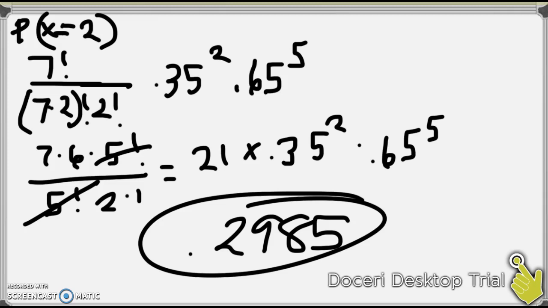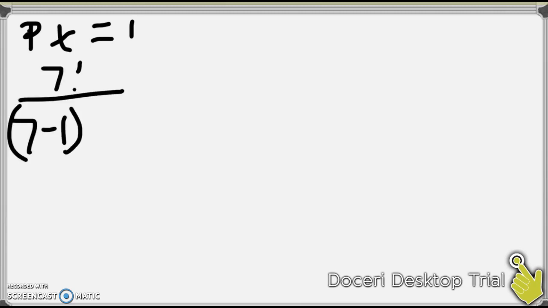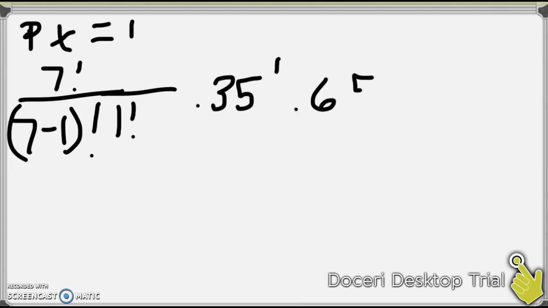Okay, now I'm going to do the probability that x equals 1. So still 7 factorial, but this time it's 7 minus 1 factorial, and then 1 factorial, and it's 0.35 to the 1 and 0.65 to the 6, because these have to add up to 7.